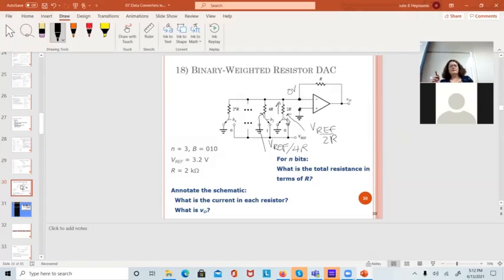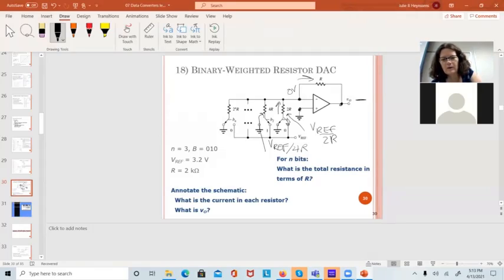Each one is a smaller current. As the currents get summed by the magic of KCL into this node, they all have to flow through this resistor. So I get a bigger current flowing through this resistor, I'm going to have more voltage out. Of course, it's inverting, so I'm going to have more negative voltage out.